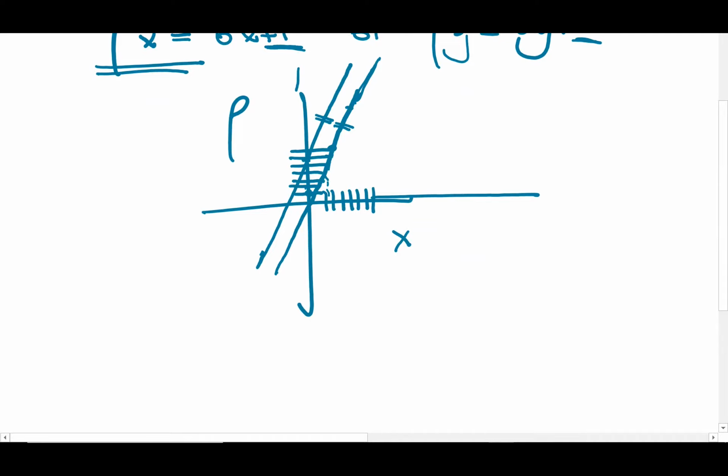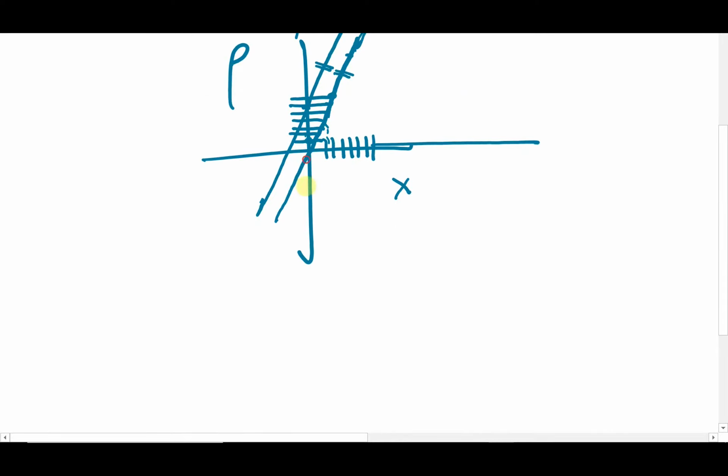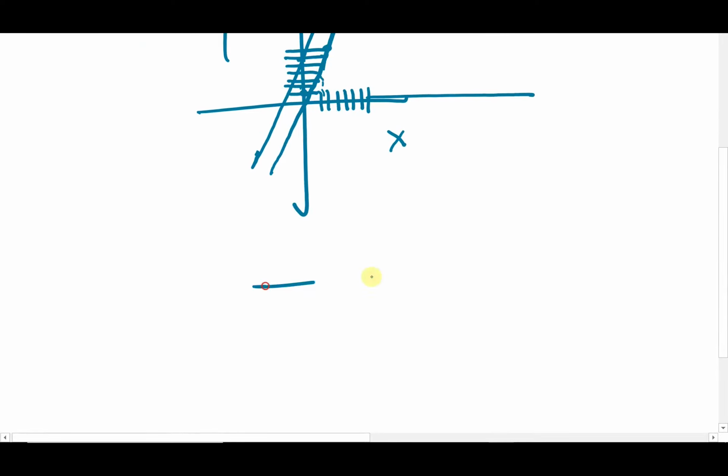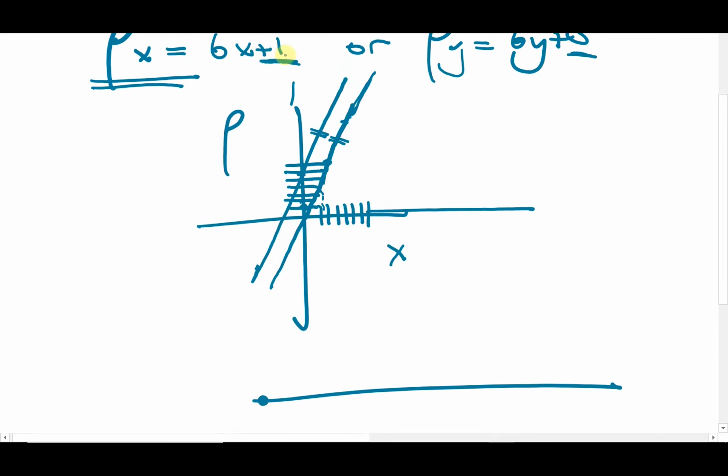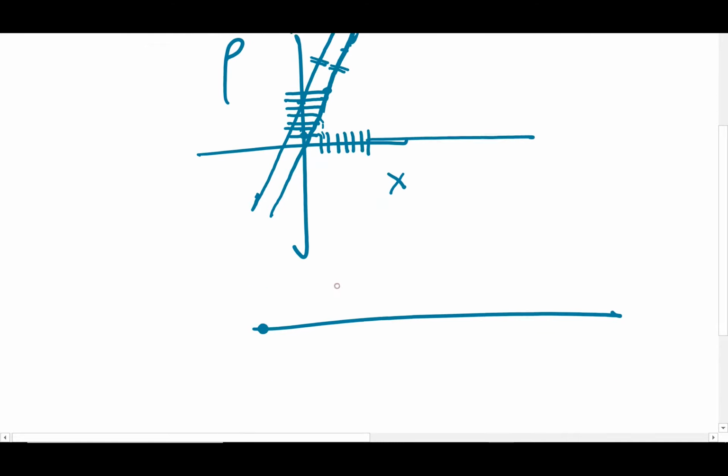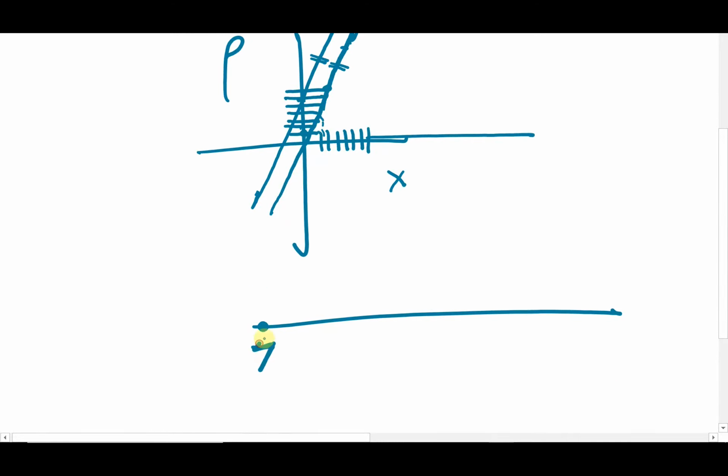If we use a number line, we're going to utilize p_x and start with the minimum value. We could start with 1, but if we input x equals 1, we get 7. Then we continue the process, and we notice the distance between consecutive terms is 6.